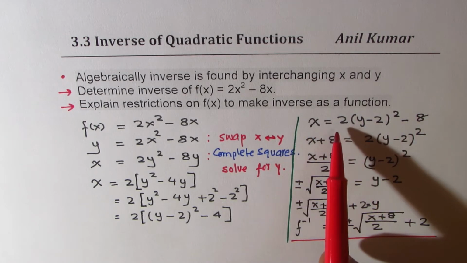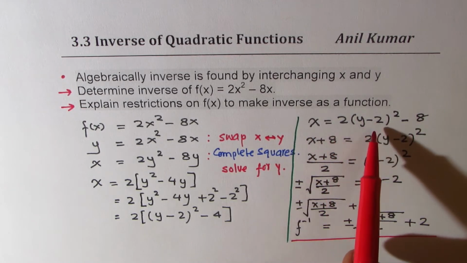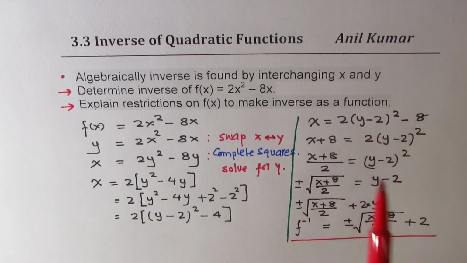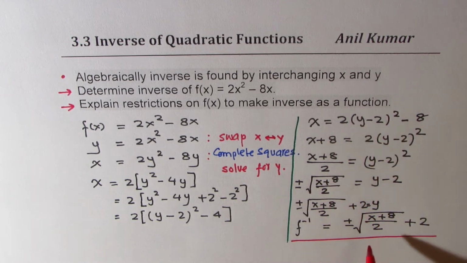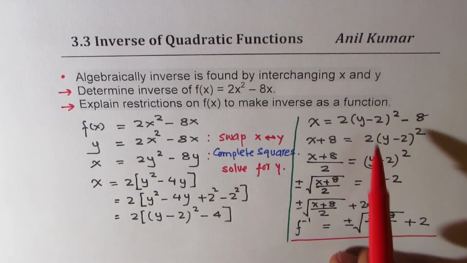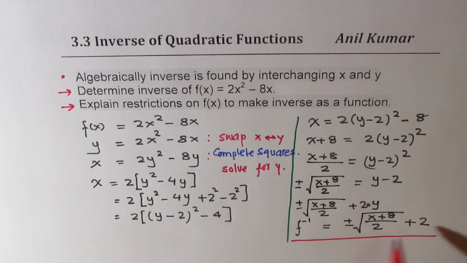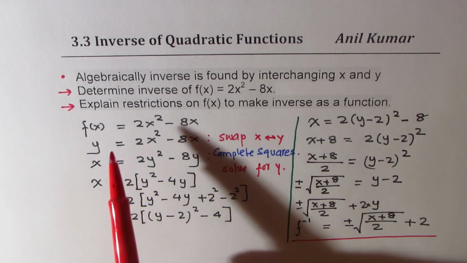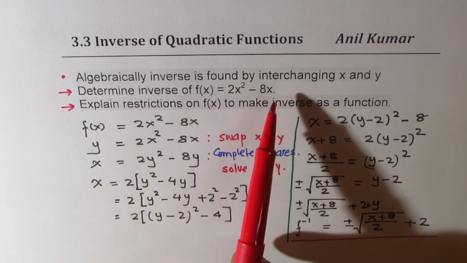So forward, we multiply y minus 2 whole square, then subtract 8. So backward, you have to add 8, divide by 2, then do square root and add 2. Do you see that? So it works perfectly fine. So that becomes the inverse of the given function.